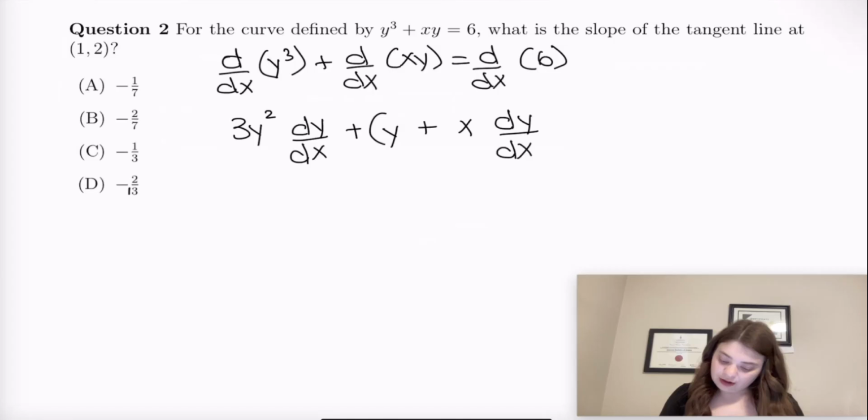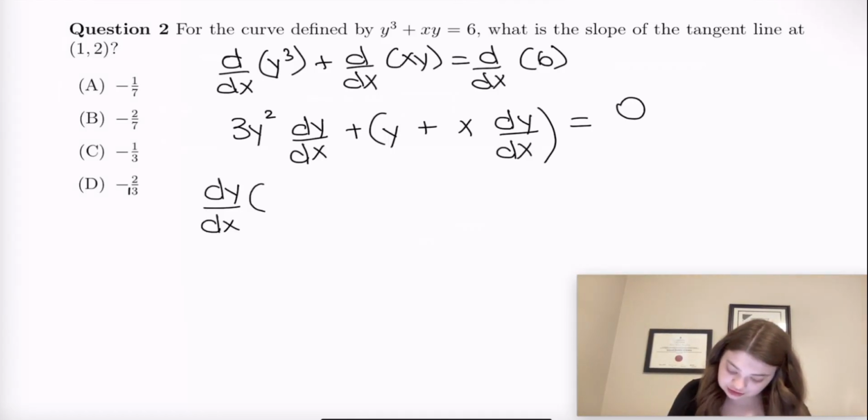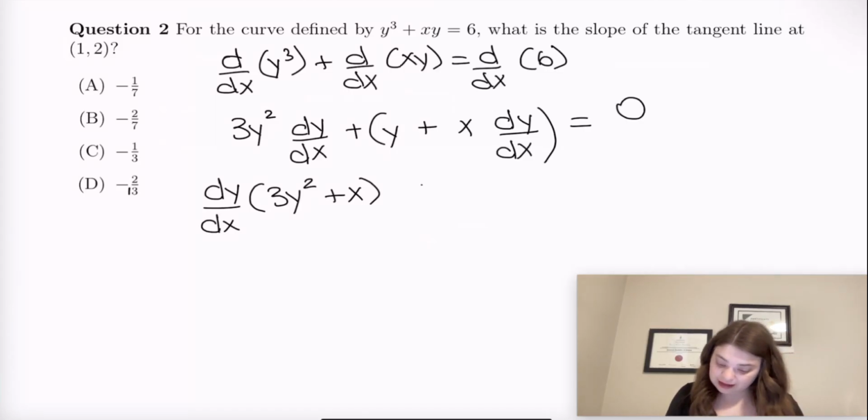Okay, and then that's equal to d over dx of 6. So the derivative with respect to x of 6, well, that's a constant, so that's just going to be 0. Okay, very good. Next, we're going to simplify a little bit. So I'm going to put all the terms that are of dy over dx together. So that's going to be 3y squared plus x, and then y is separate from that, plus y is equal to 0.